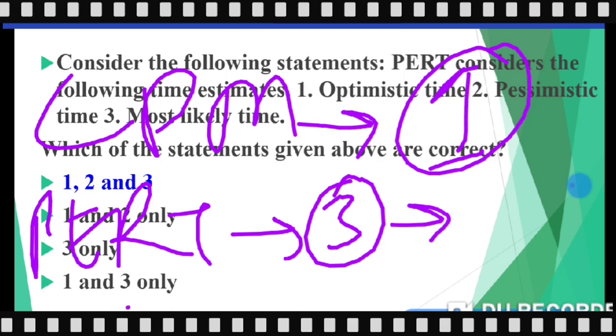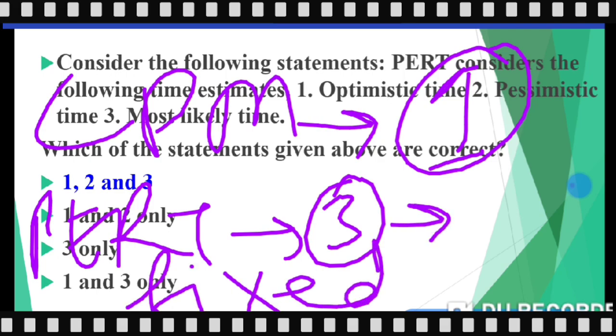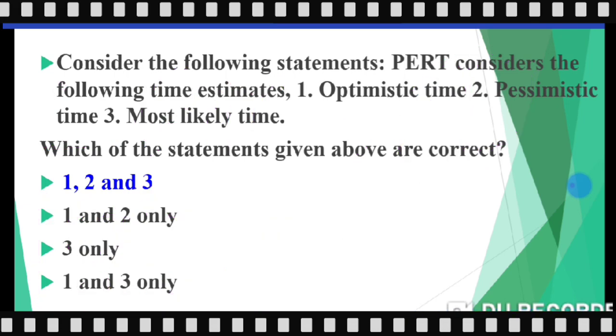We do not have fixed time for different activities, so we go for probability. So therefore the time estimates are probabilistic in nature. I hope these things are clear to you. If you have any doubt, you can contact me, and then we can try to solve and discuss your issues. So it is very simple. PERT has three time estimates: optimistic, pessimistic, and most likely.